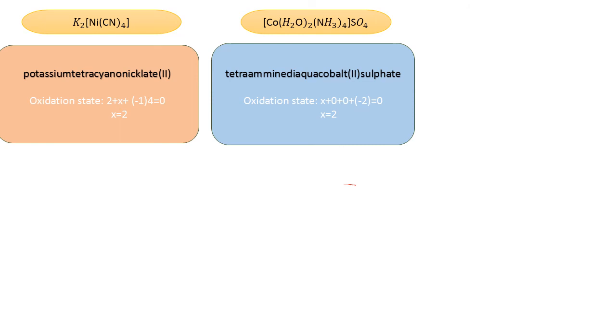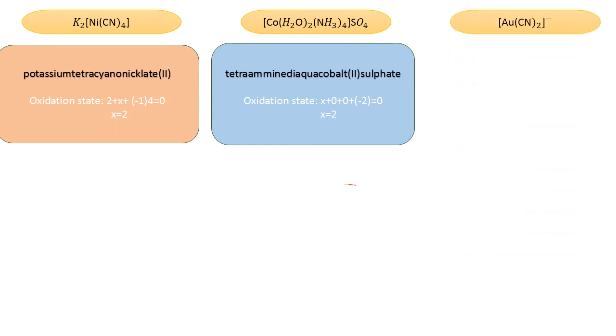Now finding the oxidation state, X plus, where X is cobalt here, plus the charge of H2O is 0, plus the charge of amine is 0, plus minus 2 here because sulfate is SO4 2 minus. So minus 2 is equal to 0. X is equal to 2.